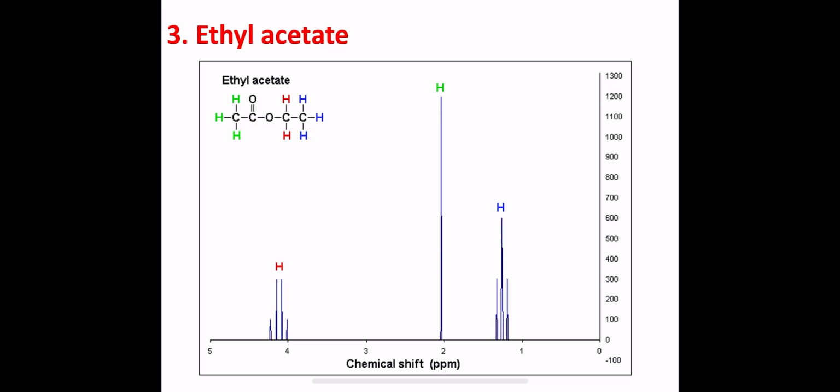So we observe three different signals even though two methyl groups are present. This methyl group is very far from the methylene group and has no adjacent carbon with protons attached to it. That is why we observe a different interpretation in the case of ethyl acetate.